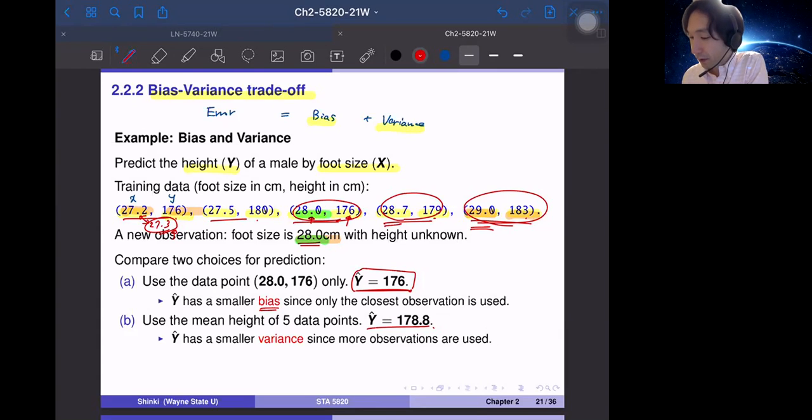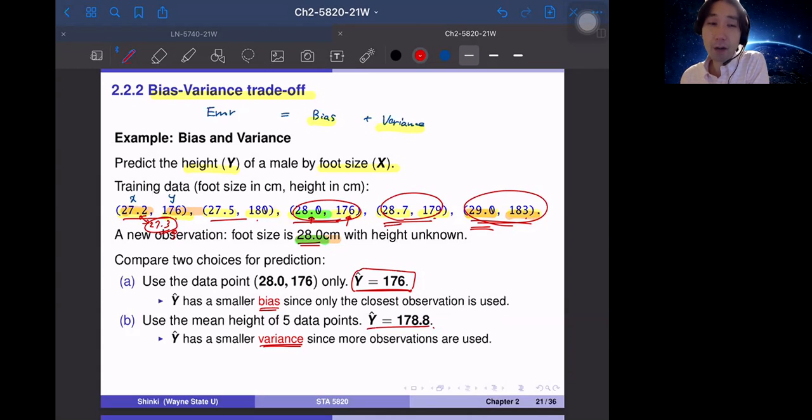On the other hand, if we take the average of 5 observations, then it's more stable, so it has smaller variance. These 5 observations are just random 5 people from the entire population. If we choose different 5 people, our estimate may be different.